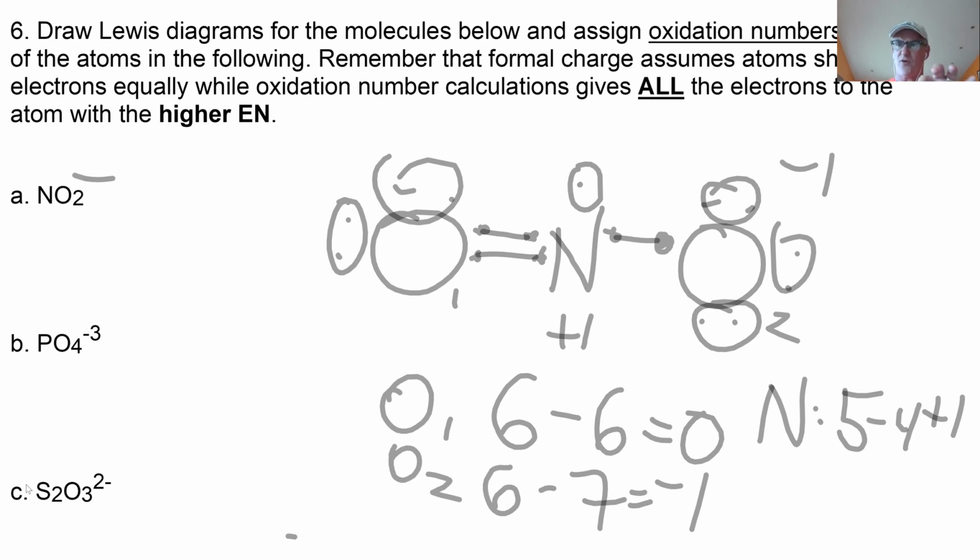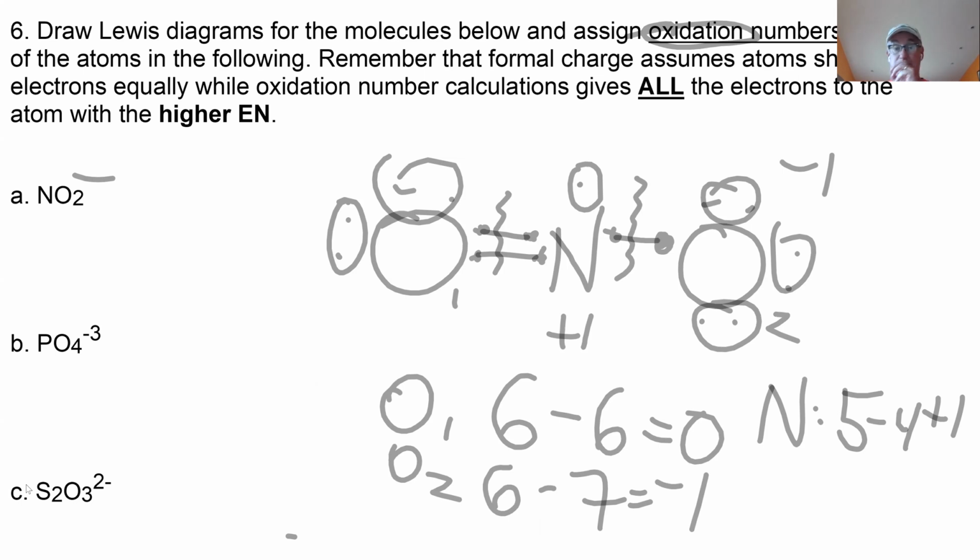Now, when we calculate formal charges, remember, you assume you just break these bonds down the middle, and that each element gets to share those bonded electrons equally. One atom gets one of the electrons, the other atom gets the other electron. But when we're calculating oxidation numbers, we don't do that.